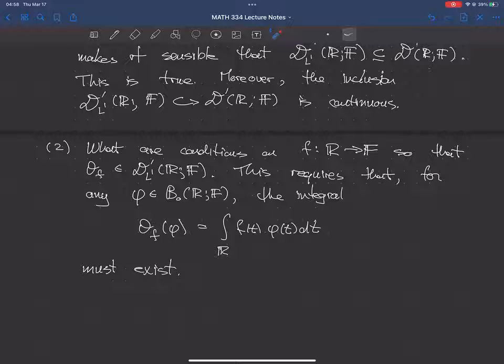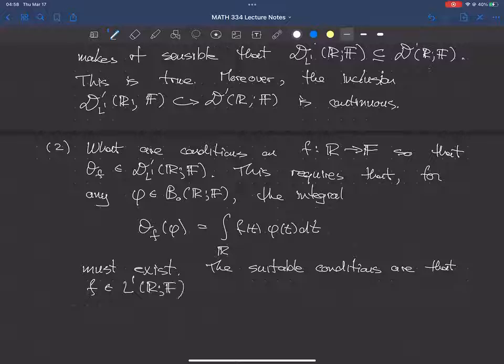And so the point is that the condition is that f should be in L1. Not L1 loc, but L1. And that's why these are called integrable distributions, because they generalize integrable signals.